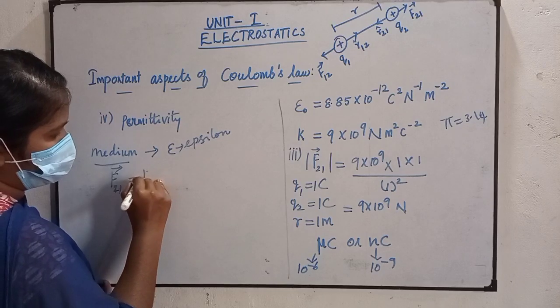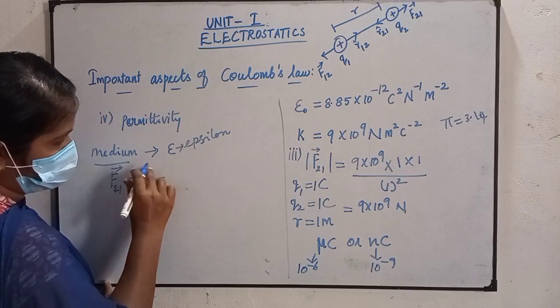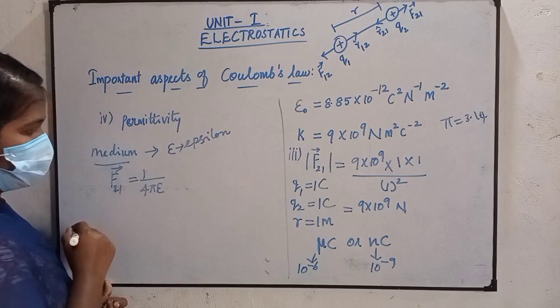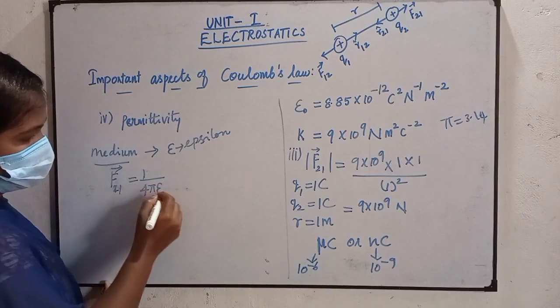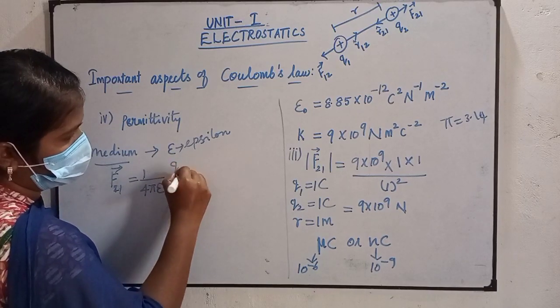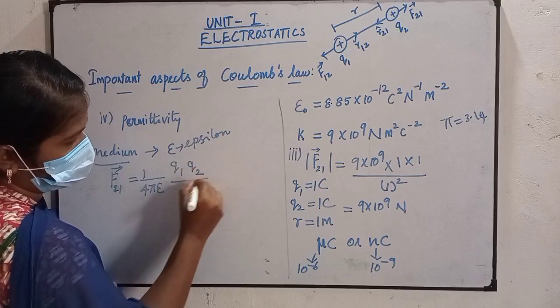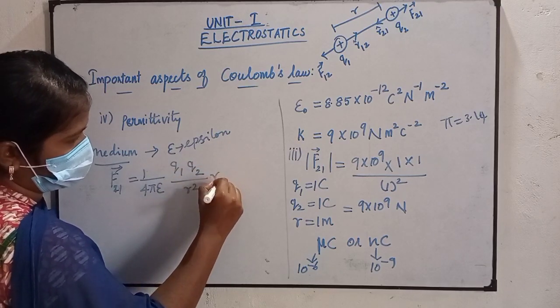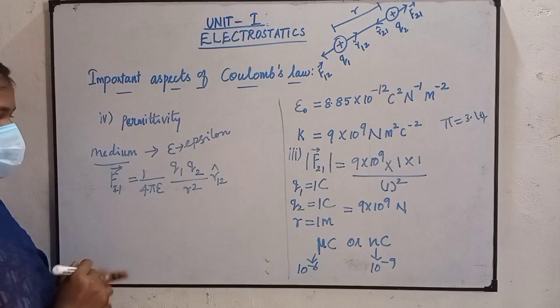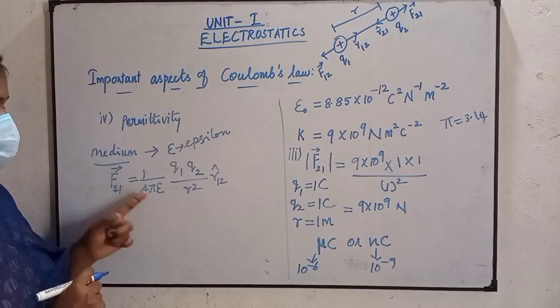K, that means 1 by 4 pi epsilon, Q1 Q2 by R square. So this equation changes likewise.